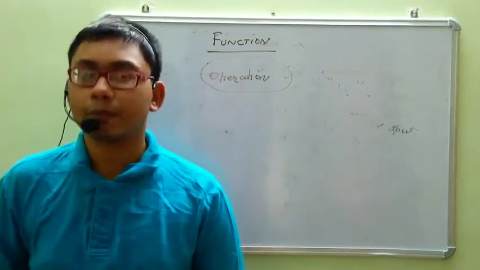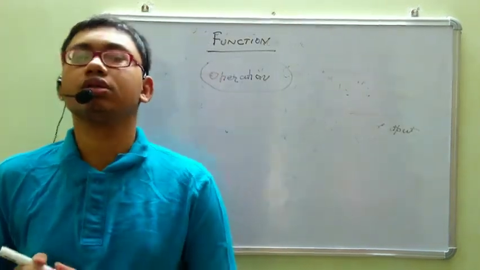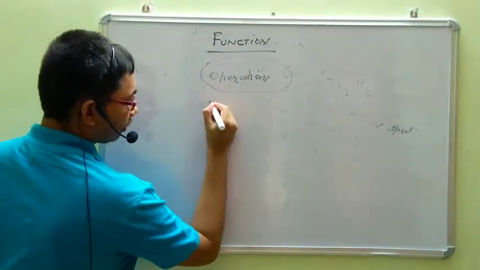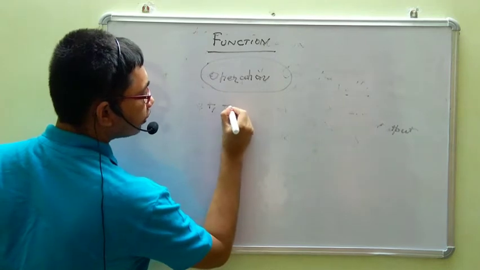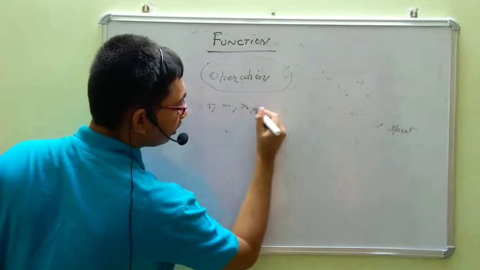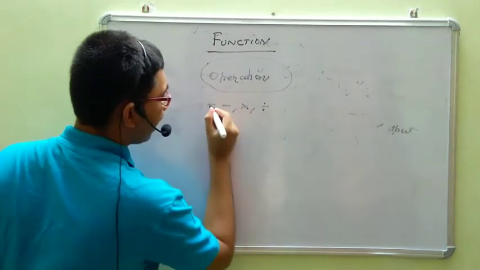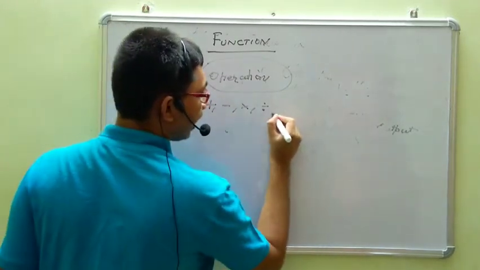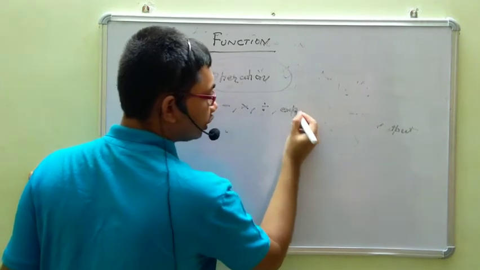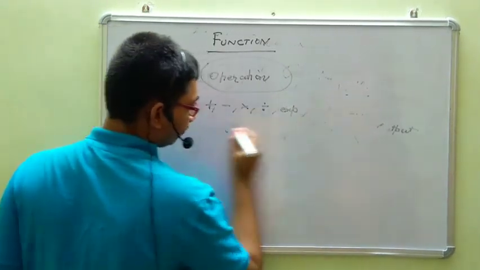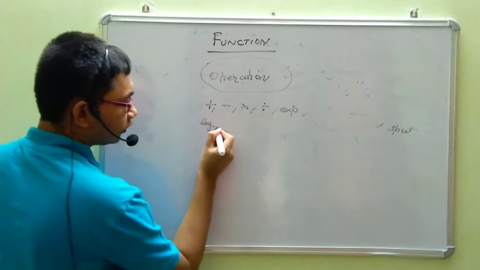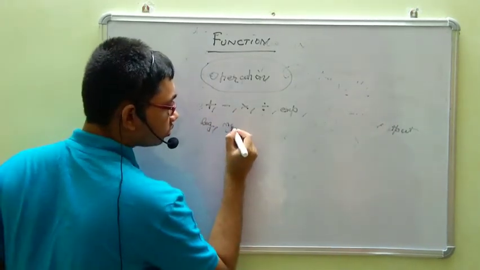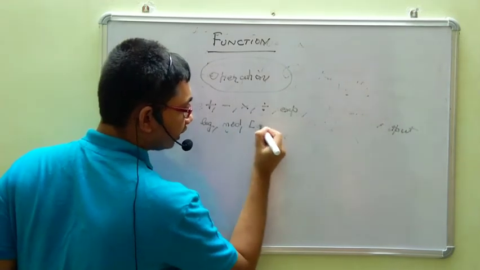Now what are these operations and what is this function? We know basically only four operations: addition, subtraction, multiplication, division. To these let us add exponential, that is e raised to x, logarithm, log, and let us add modulus, and the greatest integer.